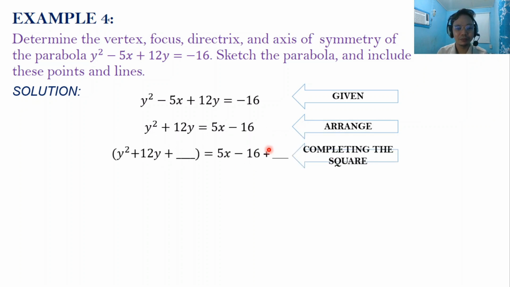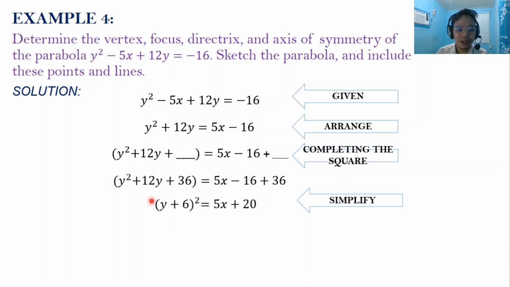Next, completing the square. Alam naman natin kung paano mag-completing the square. We divide the second term by 2 and square the quotient. So, 12 divided by 2 is 6. Square, 36. Kung ano idadagdag natin dito, idadagdag din natin sa kabila. So, we will have y squared plus 12y plus 36 equals 5x minus 16 plus 36.